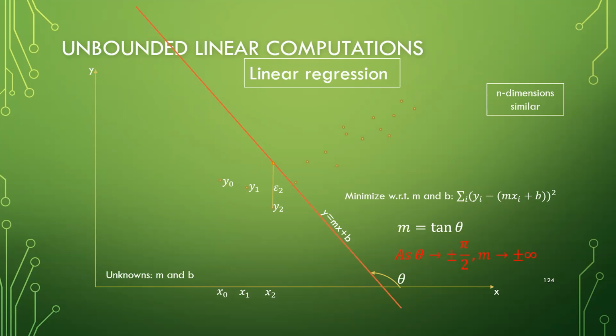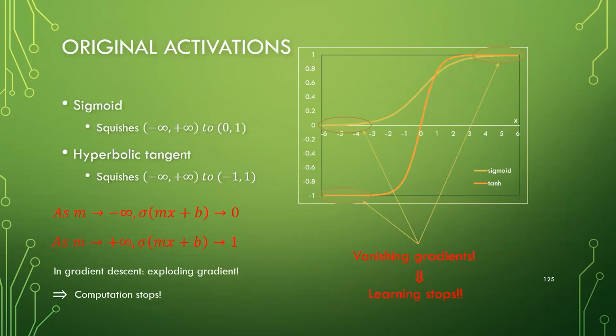The manifestation of these unbounded linear operators, as it expresses itself in the literature, is called the vanishing gradient problem. So what is the vanishing gradient problem? Like I showed you the activation function a couple of slides ago, these are a couple of activation functions here.